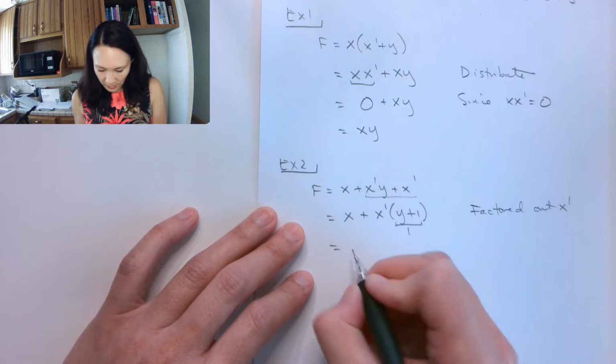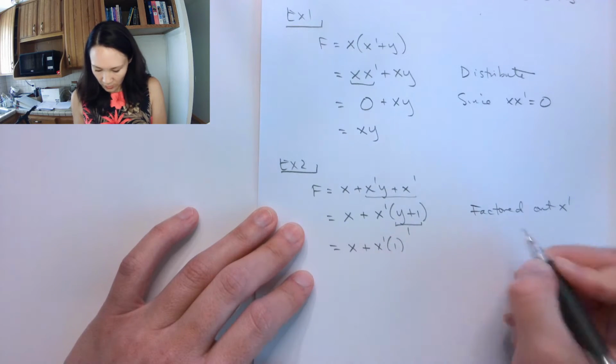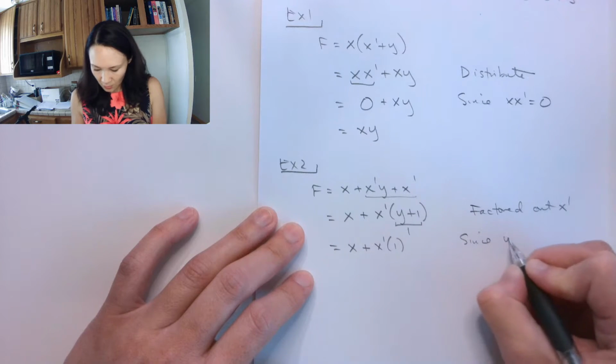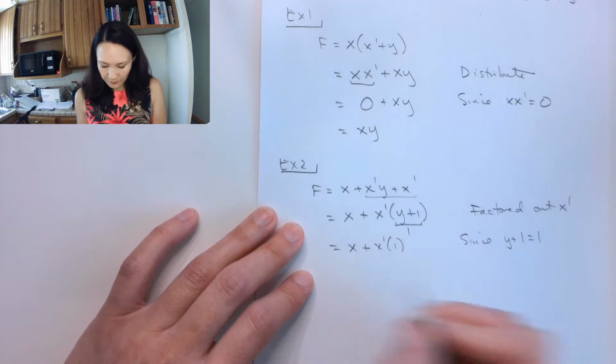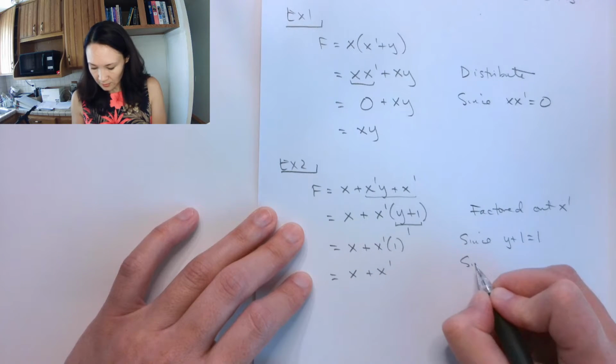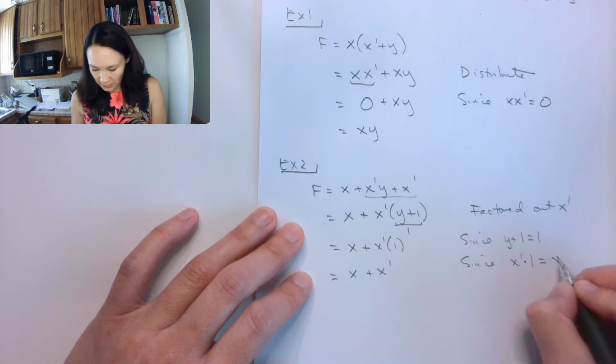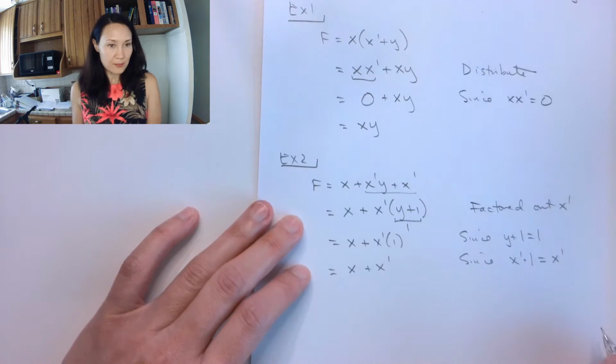So if that's a 1, then we have x or x' ANDed with 1, and this is since y or 1 is equal to 1. And this is equivalent to x or x', since anything ANDed with 1 is just equal to whatever that anything was.